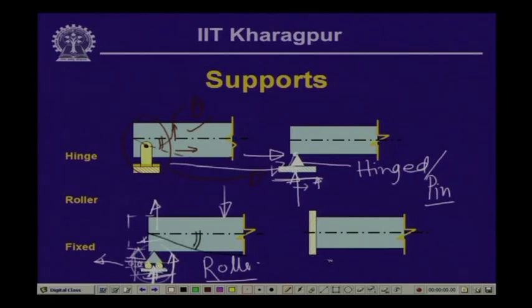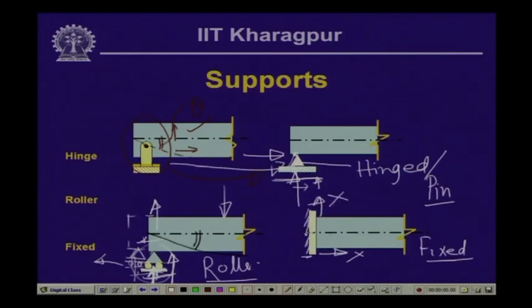Now, this is a kind of support which we call a fixed support. This particular end of the beam is fixed at this point. The meaning of this fixity is that this particular point cannot have any displacement in the horizontal direction, and cannot have any displacement in the vertical direction.